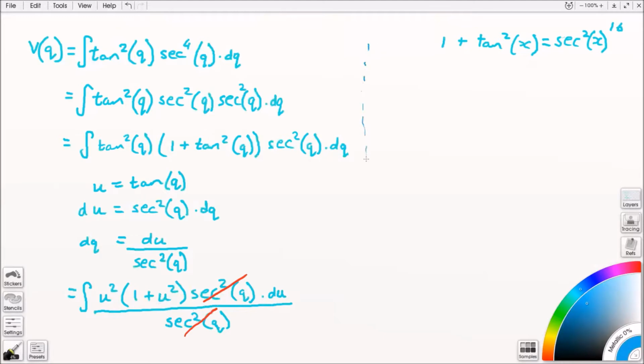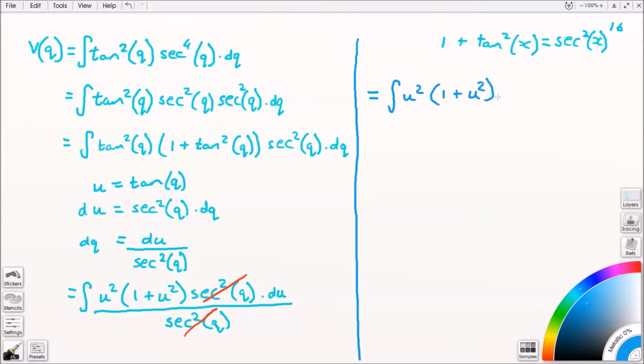So now we can say the integral of u squared times 1 plus u squared dot du, and we can simplify this a bit further so it's a bit easier by multiplying them in like this.